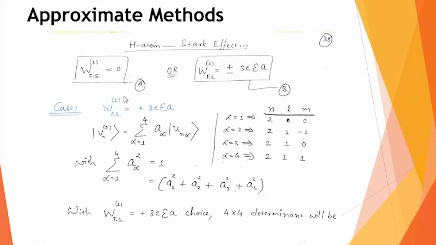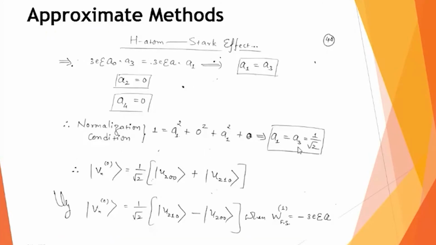So for this particular choice of W1 as plus 3EEA, the state function is the linear combination of this 200 and 210. So that is what I have written. My V0 will be written as 1 by root 2, because A1 and A3 are the same, I can write it commonly.